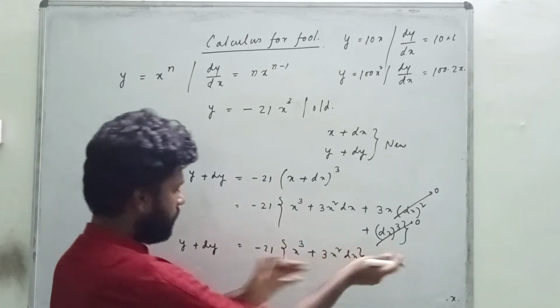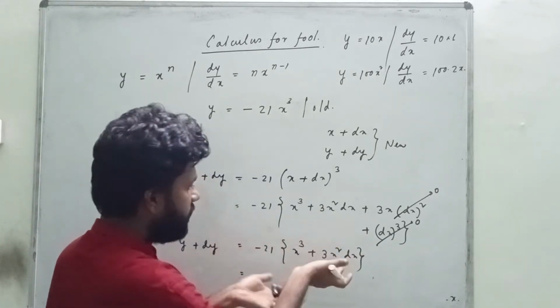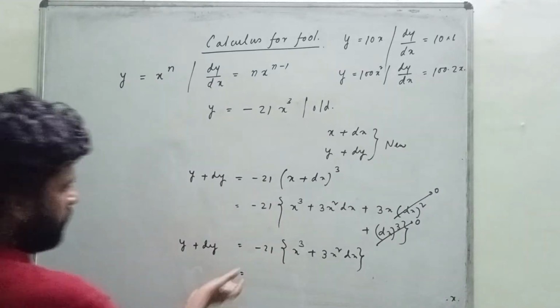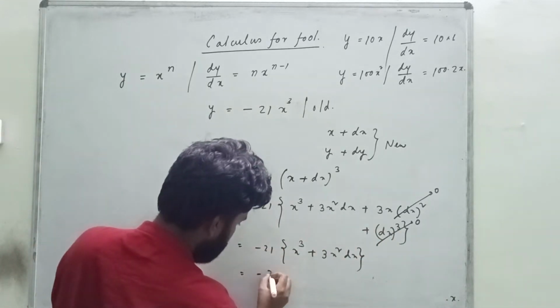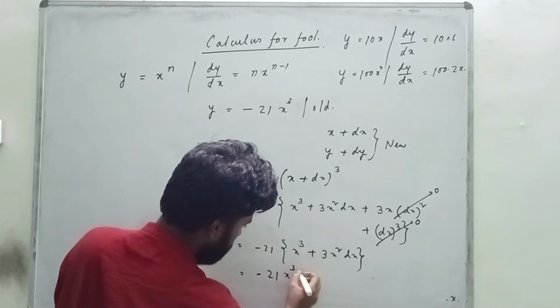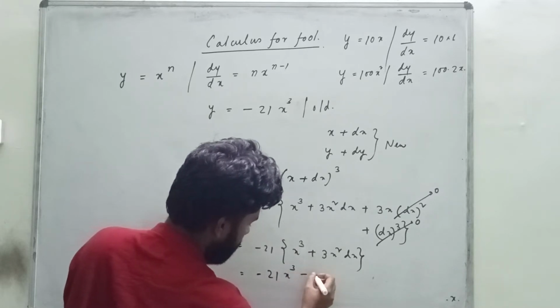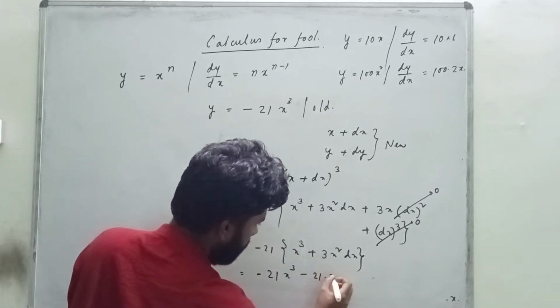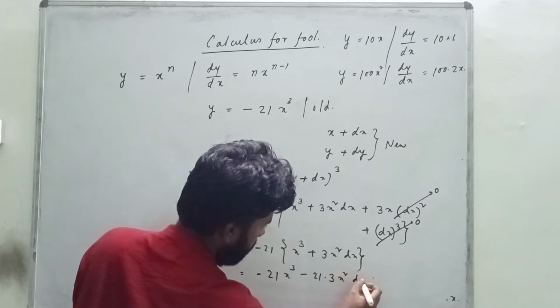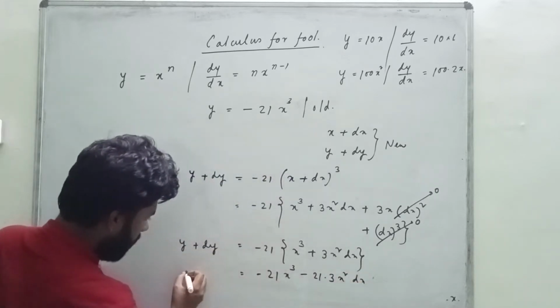Using the distributive rule, that gives minus 21x cube and minus 21 times 3x squared dx.